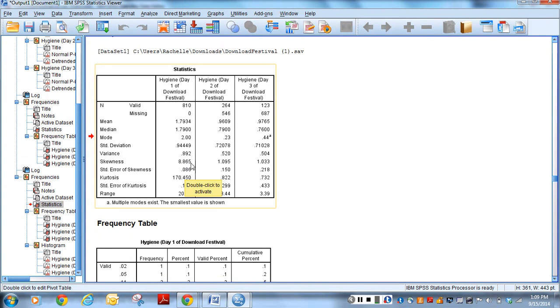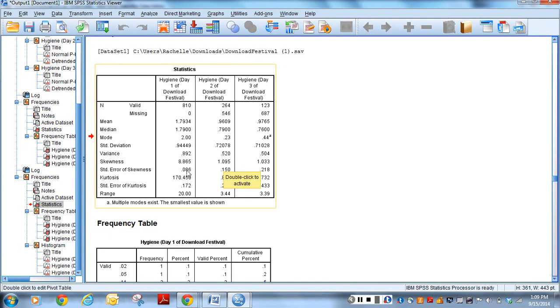But this is where my numbers are different from the book's numbers. For my skewness, I have 8.865. I'm looking at page 183. My skewness is 8.865, and the book's is negative 0.004 for day 1. However, my day 2 is the same, and day 3 is the same.